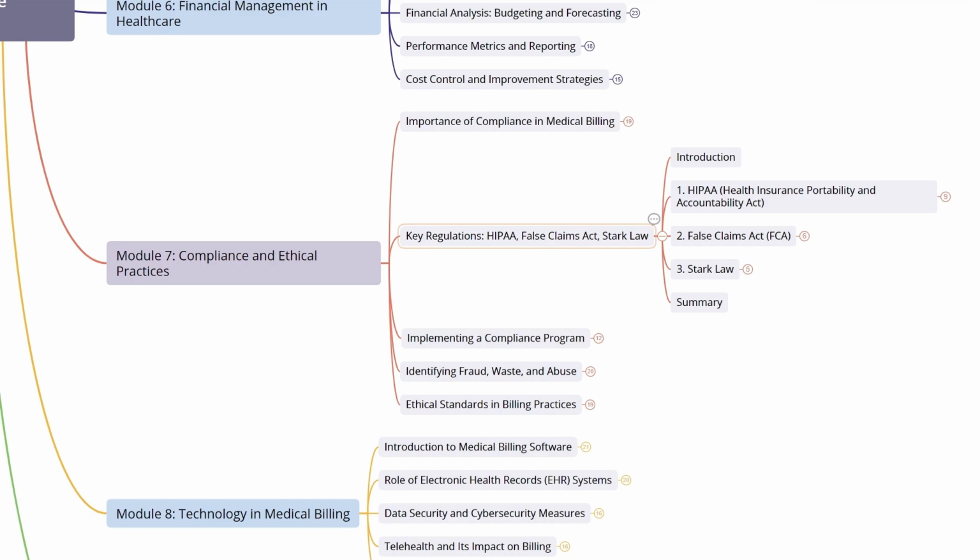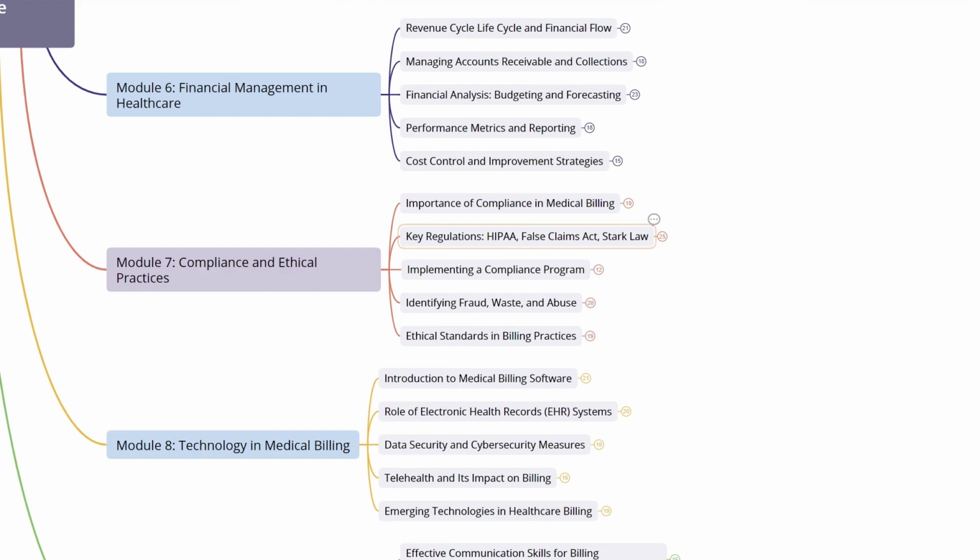The False Claims Act addresses false or fraudulent claims submitted for payment, and emphasizes the need for truthful billing. Stark Law prohibits physicians' self-referral to entities with which they have financial relationships, preventing conflict of interest and fraud.